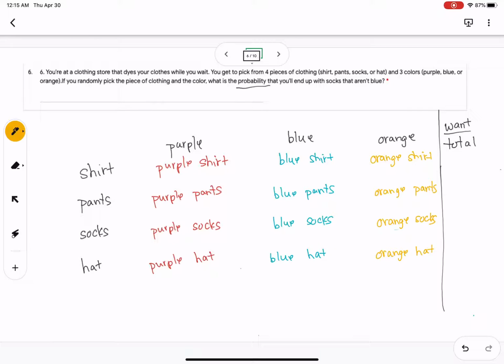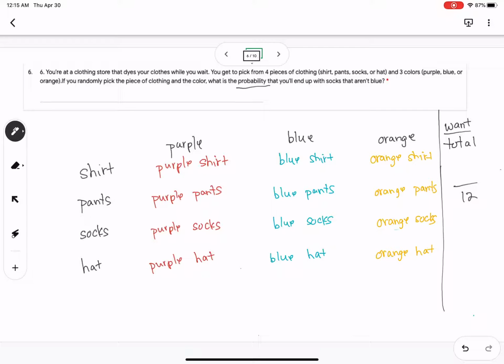Okay, so those are all of the possibilities that could happen here, right? So let's count those. We have 1, 2, 3, 4, 5, 6, 7, 8, 9, 10, 11, 12. 12 different options here. And that is our total.